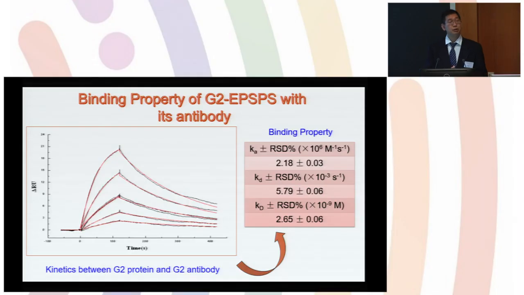And the data is shown here. They are significantly different from those obtained just using the protein amount concentration to calculate. So using the active concentration, we can get much more reliable molecular interactions.